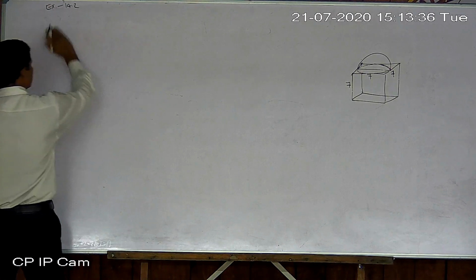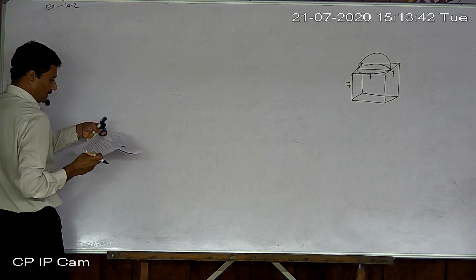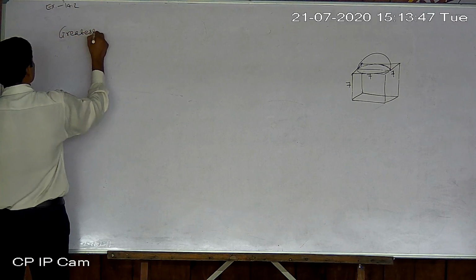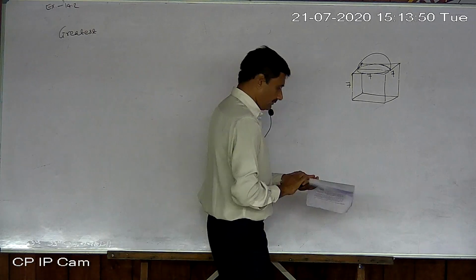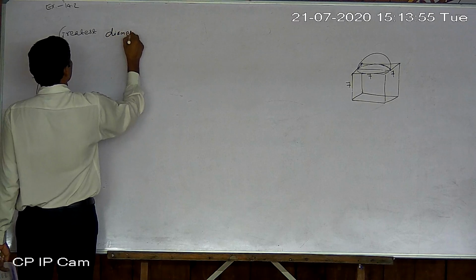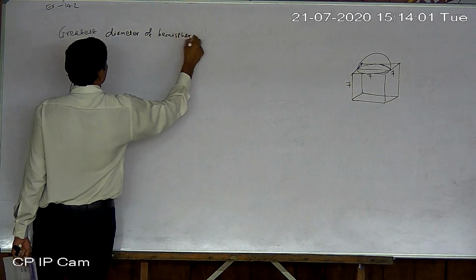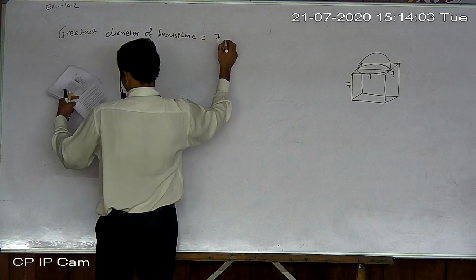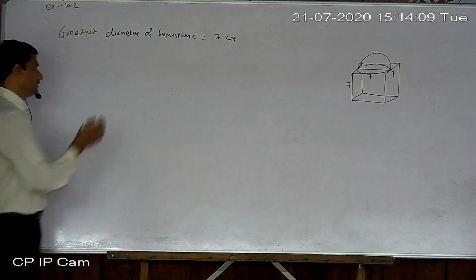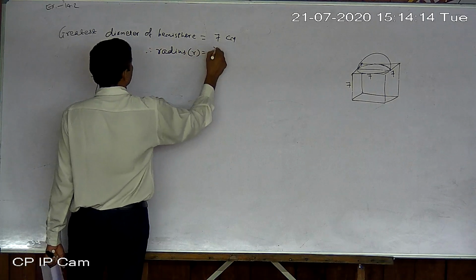So first of all, write the first question's answer. Whatever word they are using, maximum or greatest, write down: greatest diameter of hemisphere equal to 7 centimeters. Okay, centimeter is given. Therefore, radius r equal to 7 by 2.